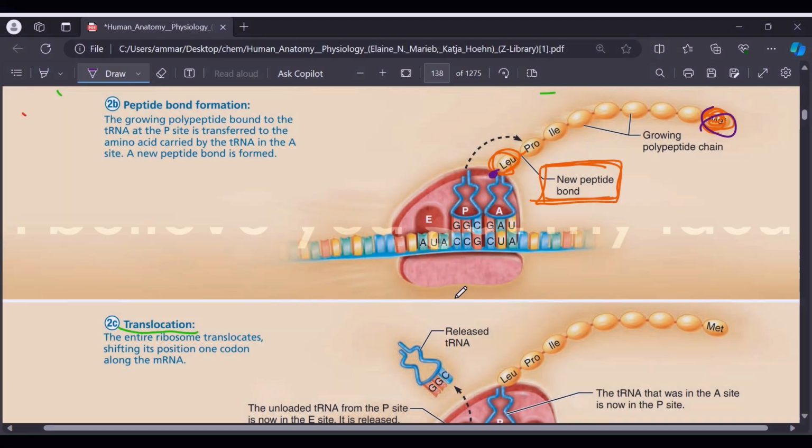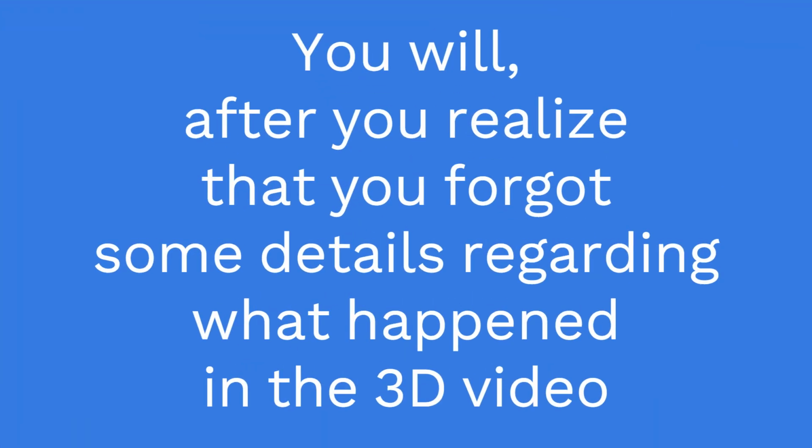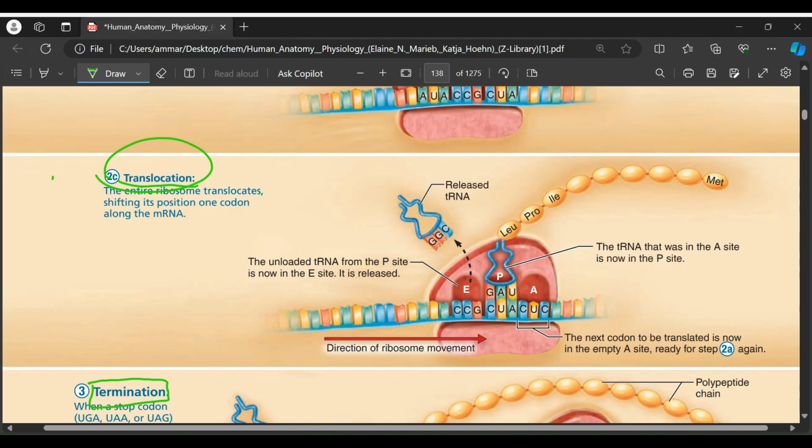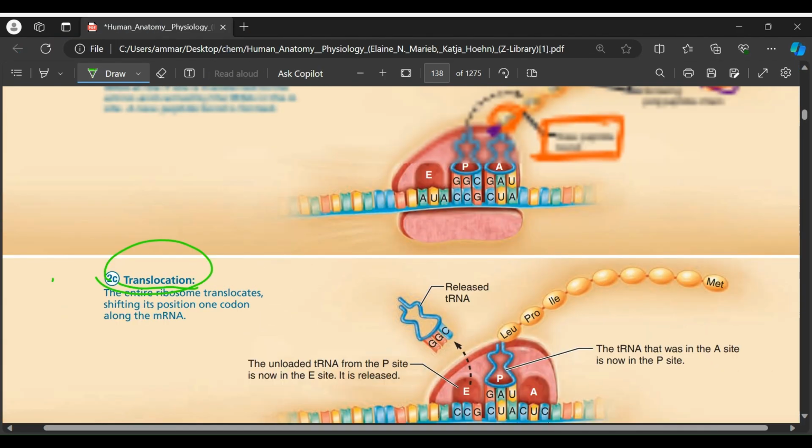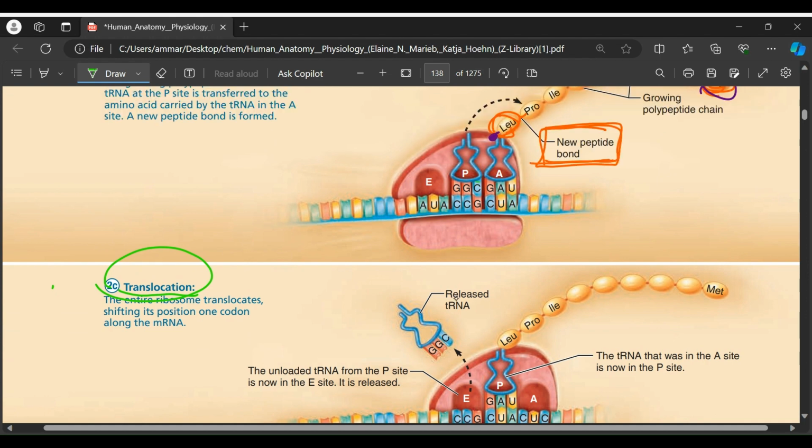That was advice. Let's move to the translocation. Many people think that when the tRNA in the P site moves to the E site and the A site tRNA moves to the P site, the mRNA is the one sliding or the tRNAs are the ones jumping, but that's not the case.